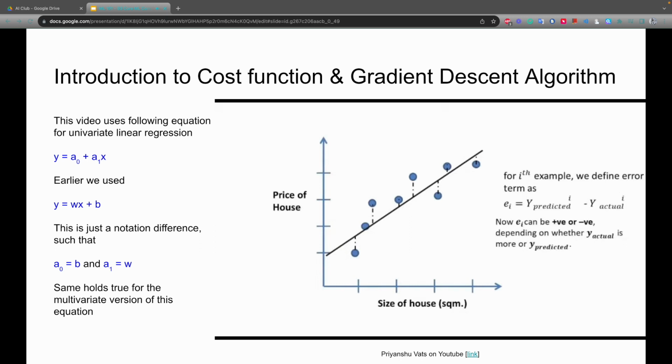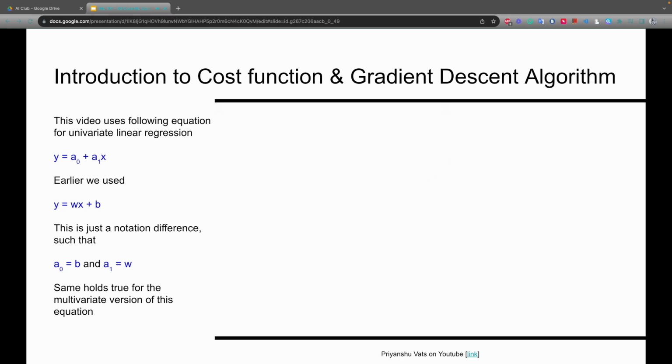Now, as you might have understood, ei can be positive or negative depending on whether y actual is more or less than y predicted. We will square the eis to make them positive so the order doesn't matter. The cost function will be defined as 1 by 2m times e1 squared plus e2 squared and so on till em squared, where m is the number of examples and eis are error terms.